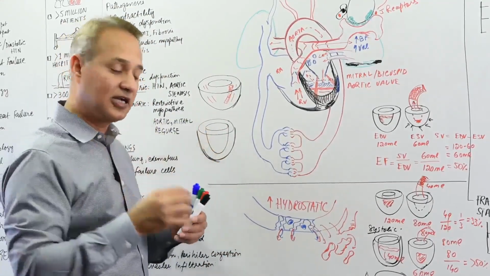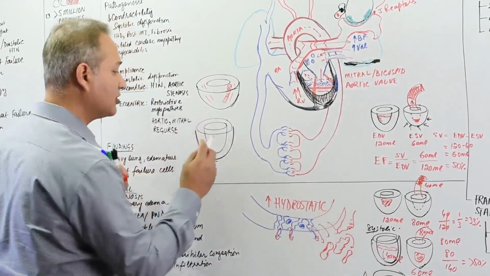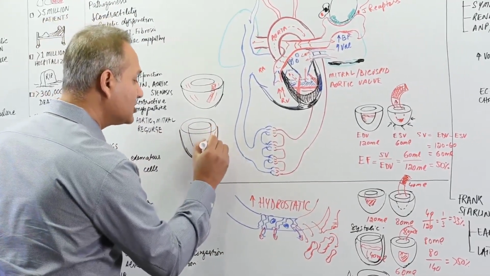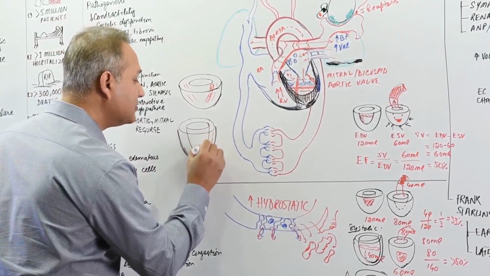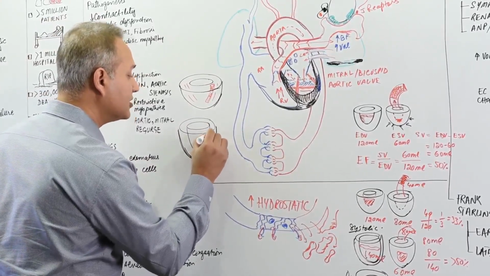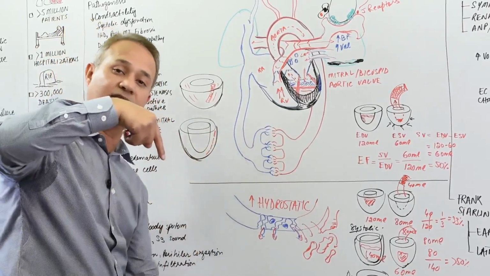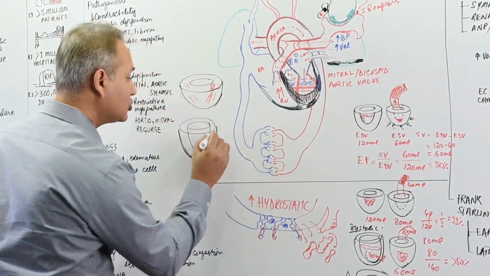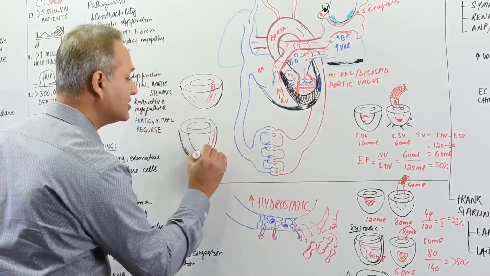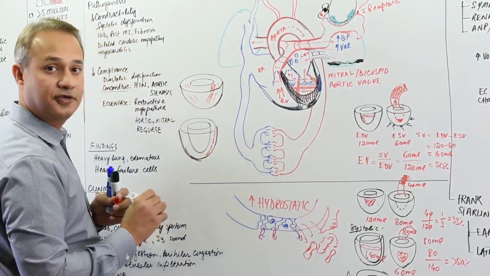In eccentric hypertrophy, the number of sarcomeres in a myocyte increases in series, and so the length of the muscle cell increases.